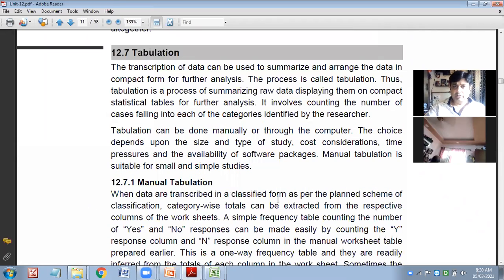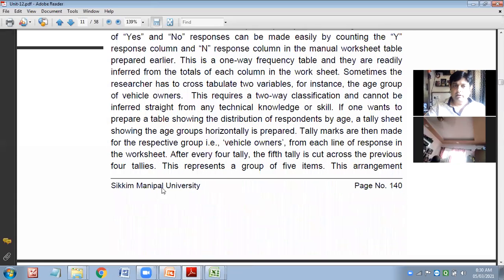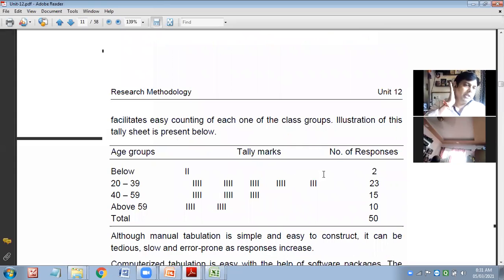Then tabulation: how you can make the table, one-way table, two-way table, you know, just remember your basic statistics. Tally mark करके you used to make the table. Yes or no?